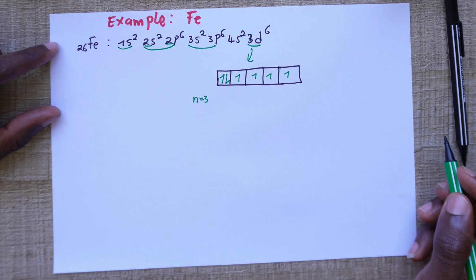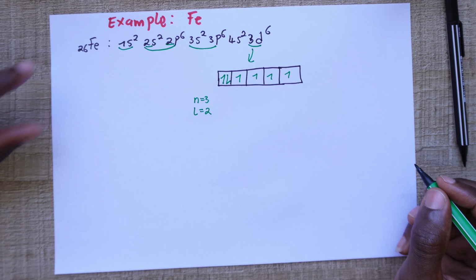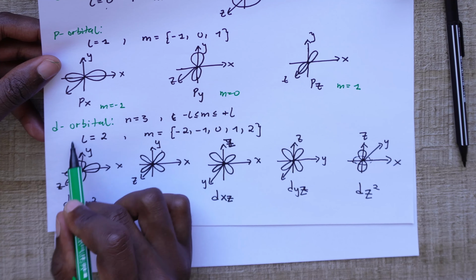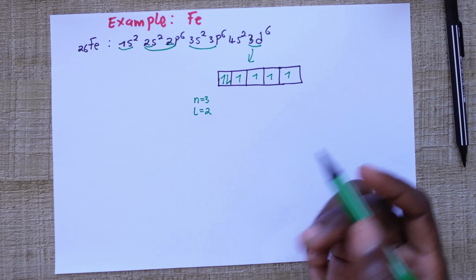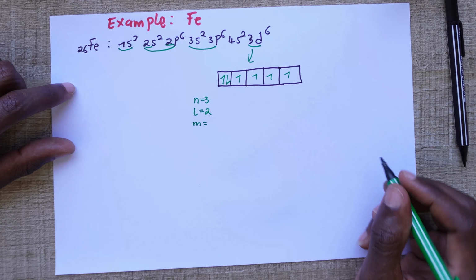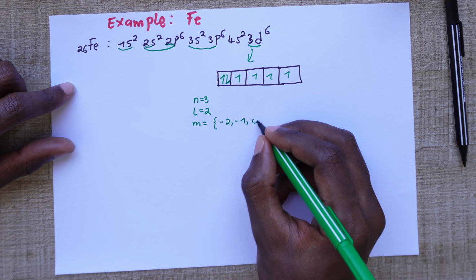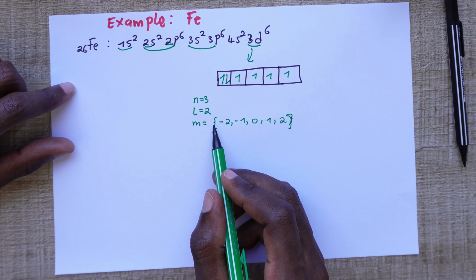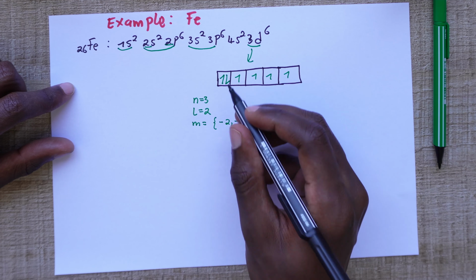Since it's a d orbital, l in this case has to be 2. Okay, remember we saw previously that d orbitals have azimuthal quantum number l equals to 2. The magnetic quantum number, on the other hand, has 5 different possibilities. It can be -2, -1, 0, 1, or 2. And actually, each of these different magnetic quantum numbers would correspond to a box here.